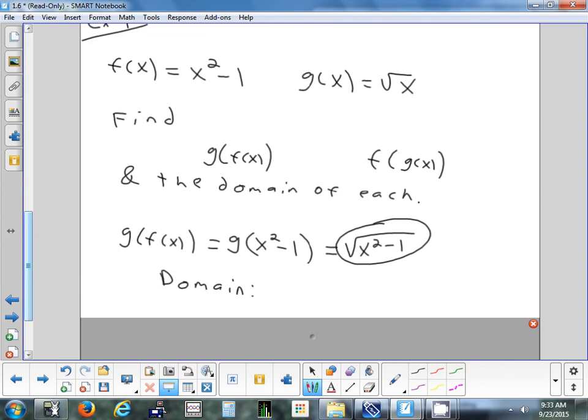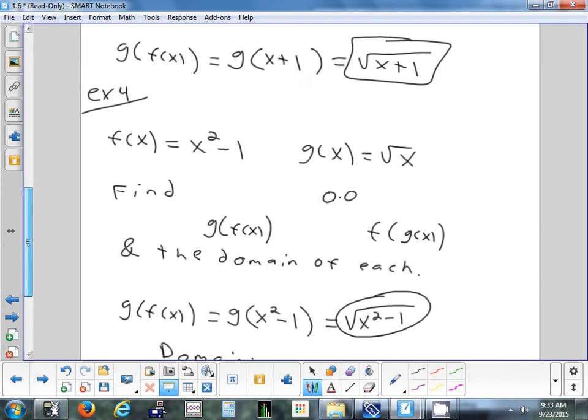Ask yourself, is there any number that you are not allowed to square? Yeah, so you could square anything. All right, so there's no restriction on the original inside function. Questions on that?